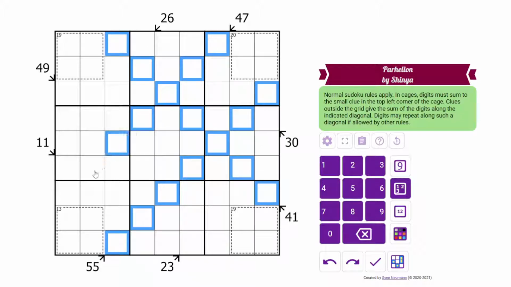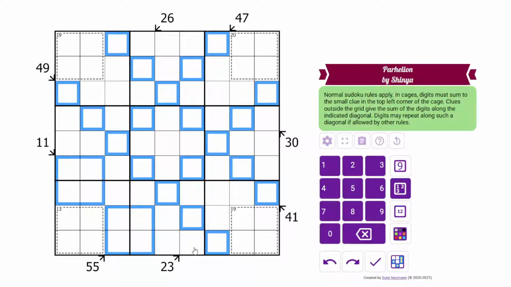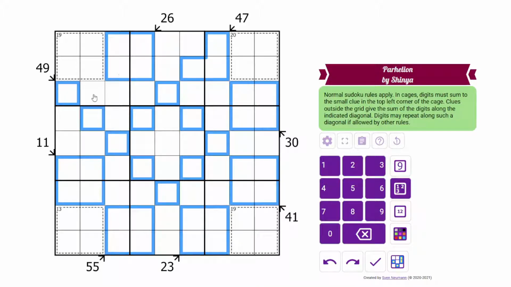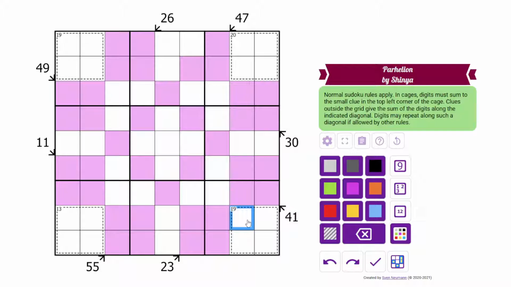That's kind of interesting. Actually, that's really interesting. Is this going to be like a set puzzle? Okay, so, and this. How much does that add up to?